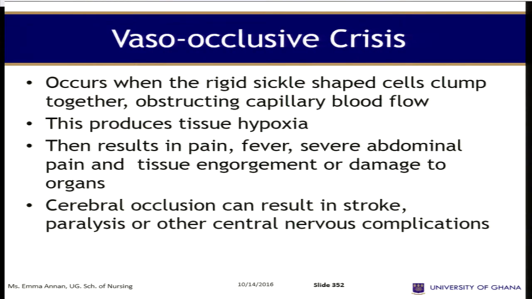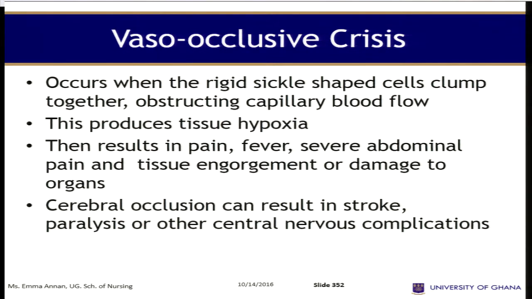Let's talk about the second crisis, the vaso-occlusive crisis. This occurs when the rigid sickle-shaped cells clump together. So when they become rigid and clump together, they obstruct capillary blood flow, and this leads to tissue hypoxia.